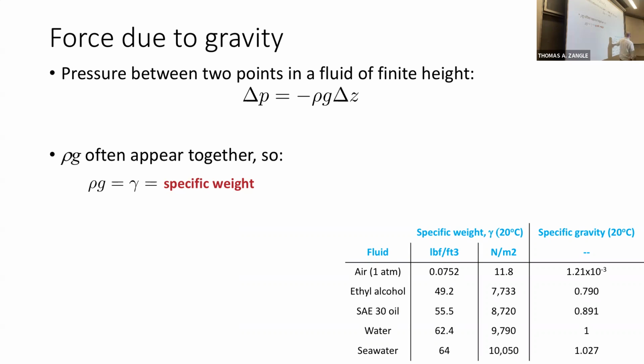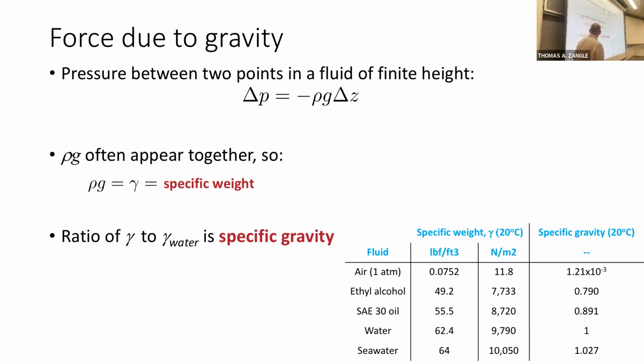In terms of newtons per meter cubed, we can see some common specific weights of different fluids: air, 11.8 newtons per meter cubed, water, 9,790 newtons per meter cubed. And then you will sometimes see this written as specific gravity instead. So specific gravity is the ratio of gamma of your fluid to gamma of the water.